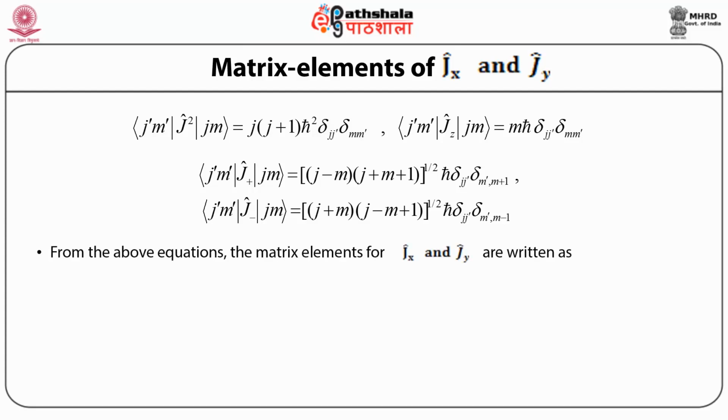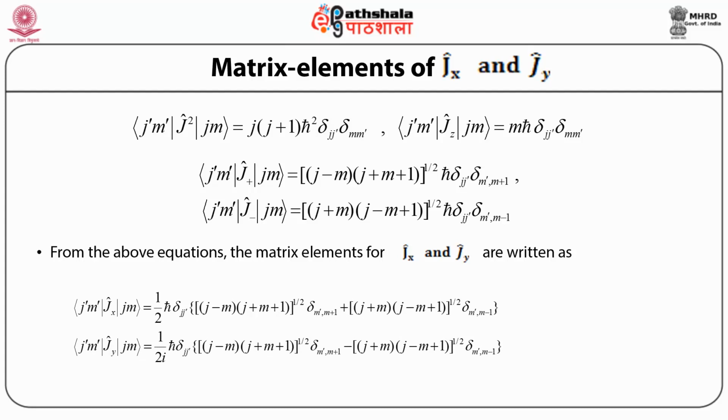From the above equations, the matrix elements for Jx and Jy can be written as: ⟨j′m′| Jx |jm⟩ is equal to 1/2 ħ δ_{j′j} within the curly brackets, √((j−m)(j+m+1)) δ_{m′,m+1} plus √((j+m)(j−m+1)) δ_{m′,m−1}.